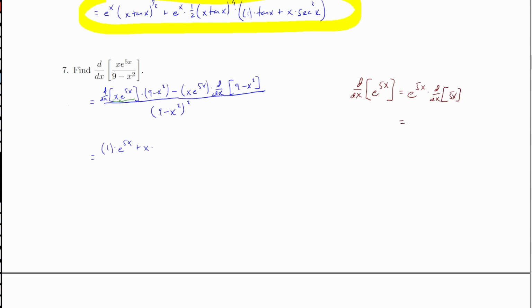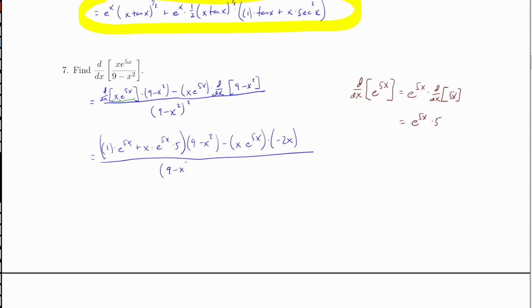The derivative of 5x is 5. Okay, so I have e to the 5x times 5. Okay, so that was that derivative that I had. And then times 9 minus x squared. And then when I go to differentiate 9 minus x squared, the derivative of 9 is 0, and the derivative of negative x squared is minus 2x. And that's it.